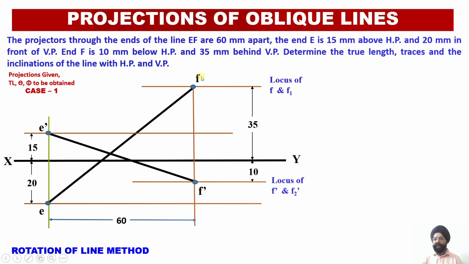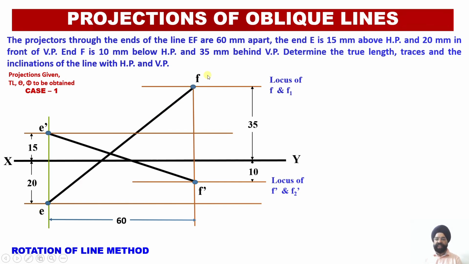In quadrant 3, plan lies above the XY line, front view lies below the XY line. Whereas in quadrant number 1, front view lies above the XY line and the top view lies below the XY line. And once I have marked these points, that is E dash and E, F dash and F, very carefully and meticulously I need to join E dash with F dash and E with F over here.